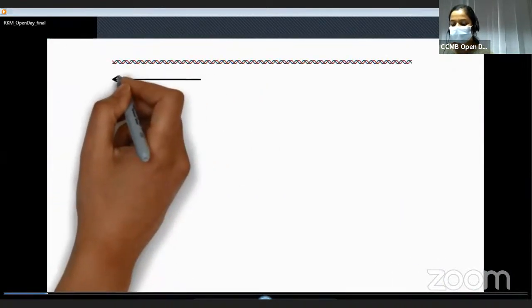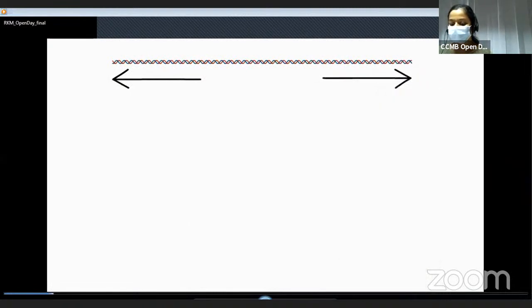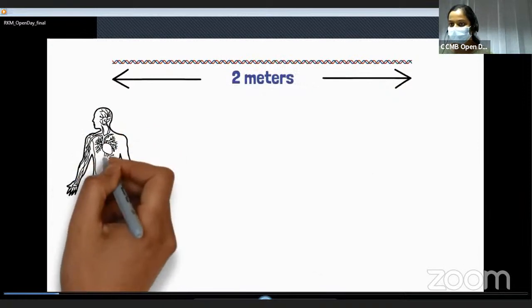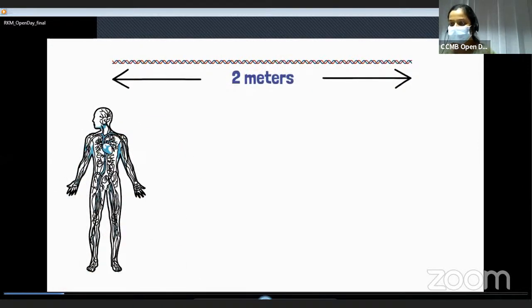In humans, if we align all the DNA from all chromosomes end to end, the total length is about 2 meters long. And we have, in the adult human body, approximately 40 trillion cells.